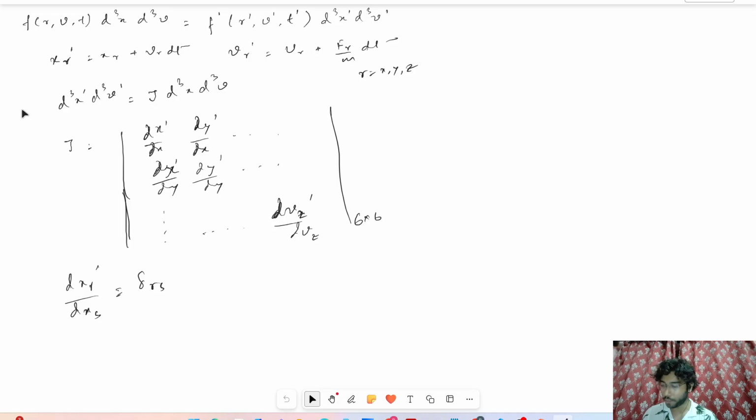So r is x, y, z, and similarly s here is also x, y, z. So del xr prime del xs is delta rs, and del xr prime del vs is equal to delta rs dt. So this makes sense because del vs is basically del xs by dt, right?